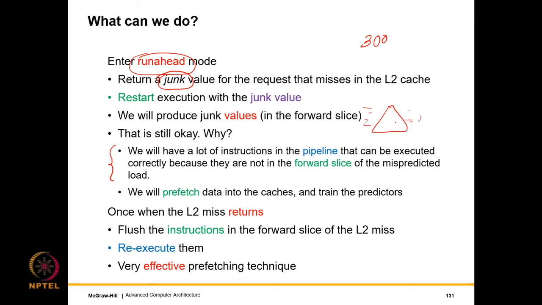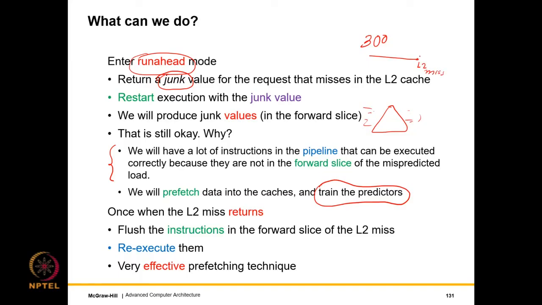If we allow them to execute correctly, in effect what they will do is that they will train all the predictors and also they will prefetch data, right? So they will access data. Accessing data means pulling it from the lower echelons of the memory hierarchy to the upper levels. And so effectively, even if we are running in this special mode, what do we do? We have regular execution, we encounter an L2 miss.